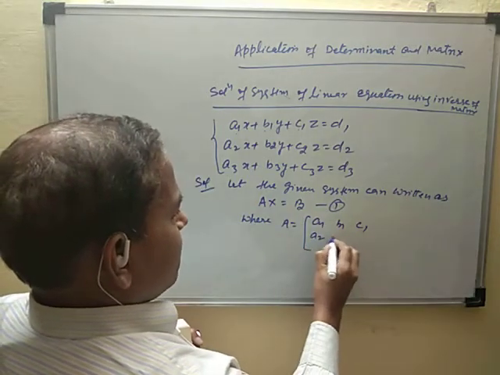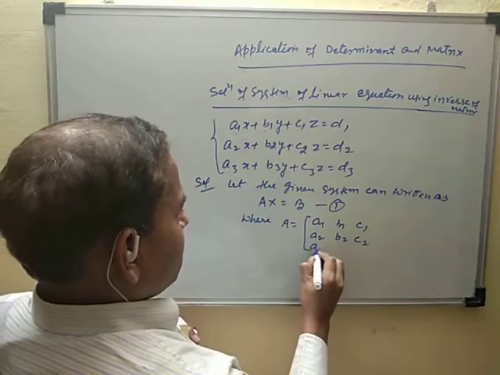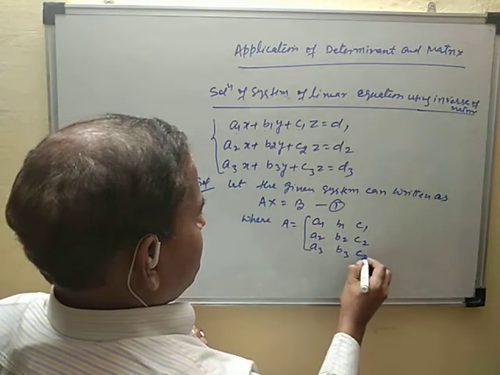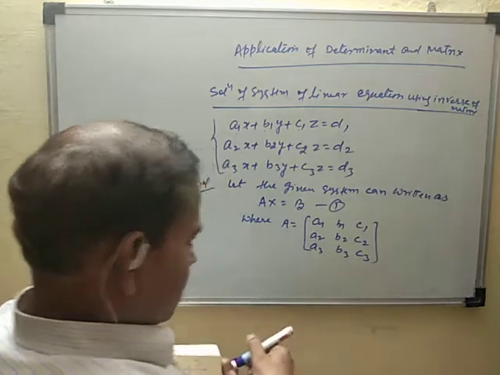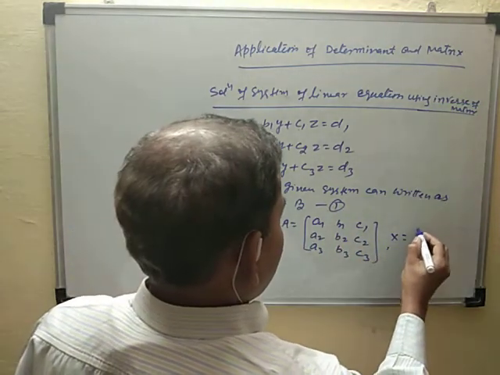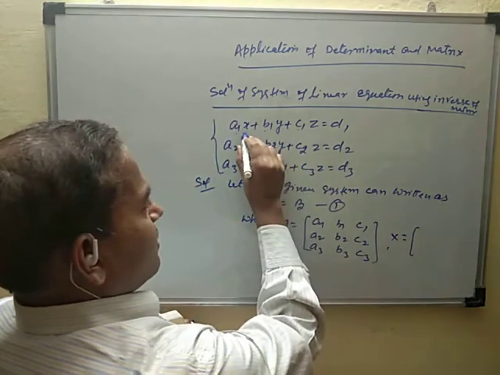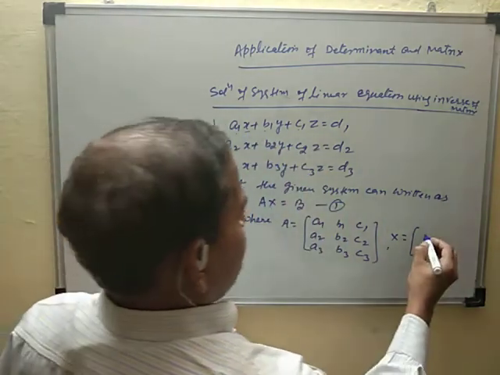Second equation a2, b2, c2. Third equation a3, b3, c3. So this is A. And what is X? Here X is the variable. What are the variables? x, y and z are the variables.